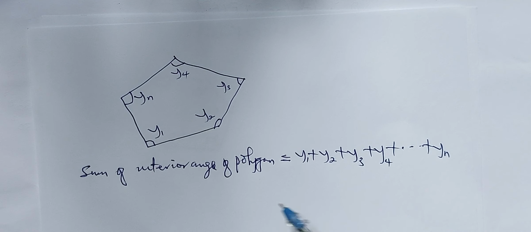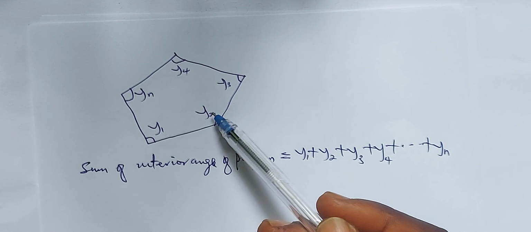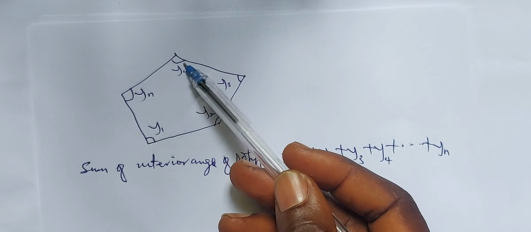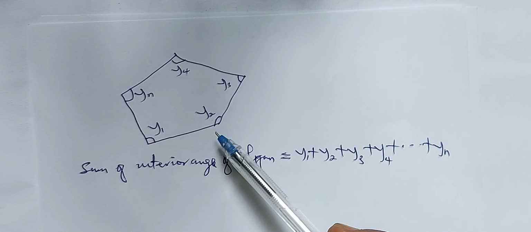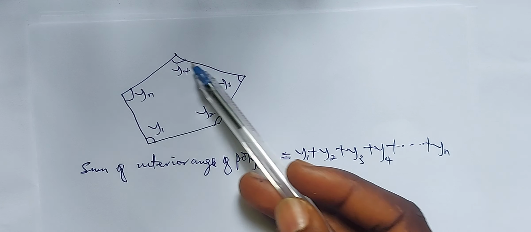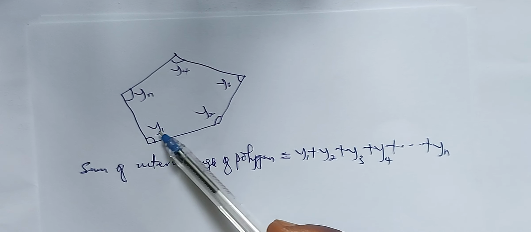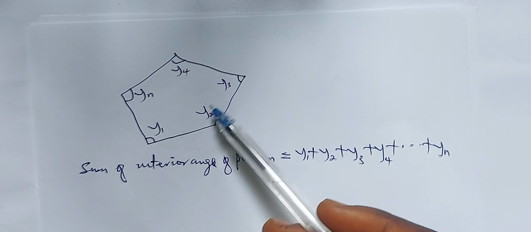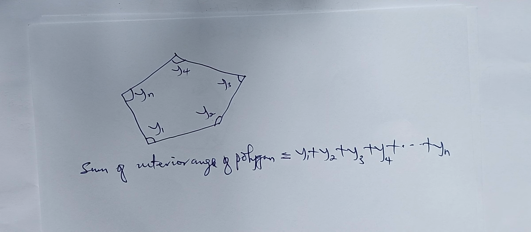Okay, and so from here, I want to bring out the formula to calculate the interior angle of a polygon. So how do we get that? I say the sum of interior angles of a polygon is what you get when you sum all the angles together. I represent them with y1, y2, y3 to infinity.